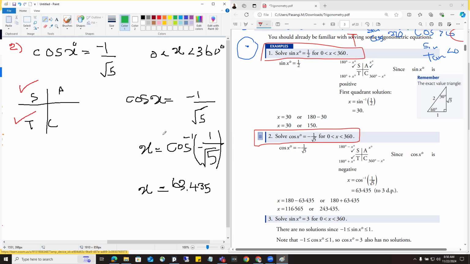Okay, now what will happen? So that is actually, yes, we can say like this. Okay, so now tell me what is the value for cos 30?